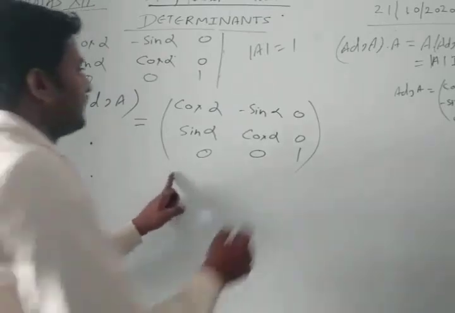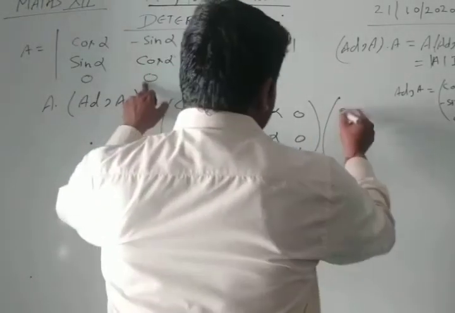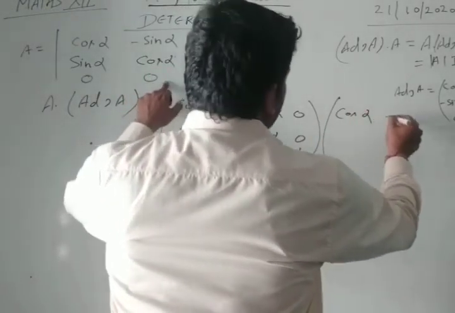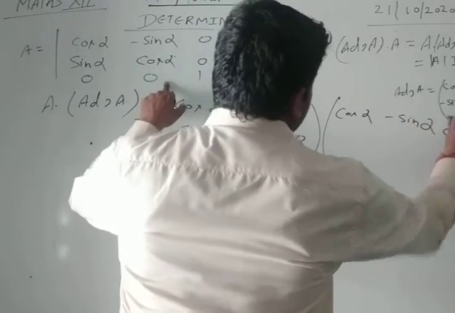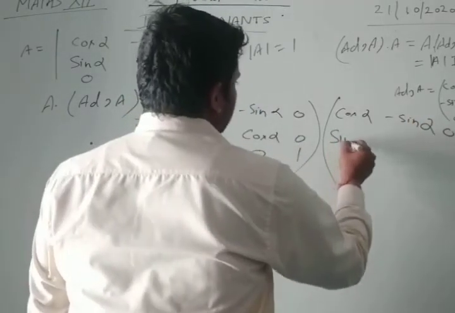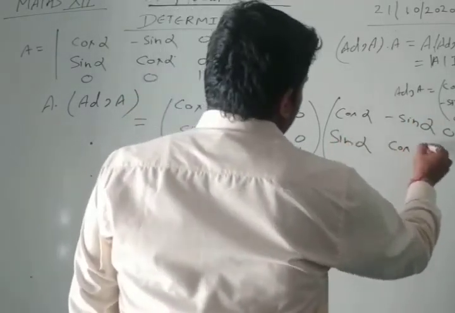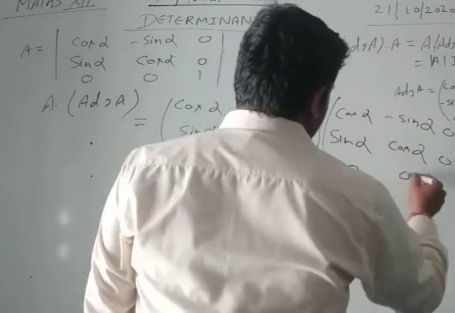And our adjoint is cos alpha, minus sin alpha, 0, sin alpha, cos alpha, 0, 0, 0, 1.